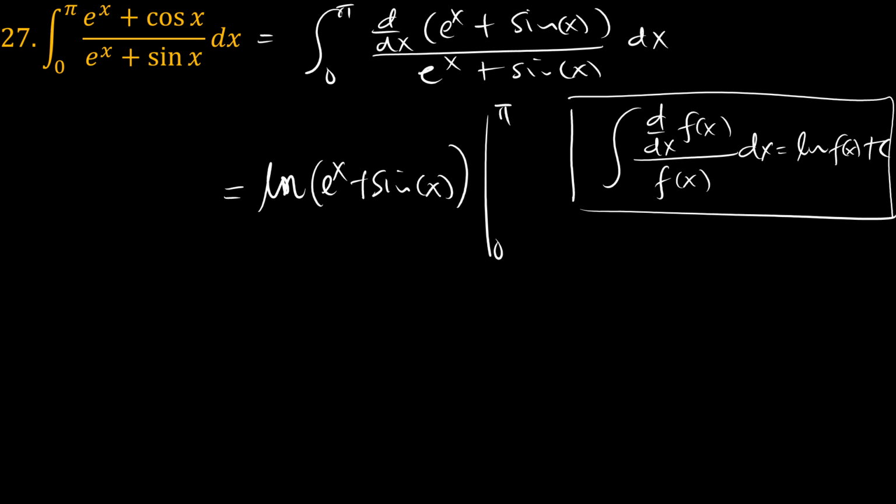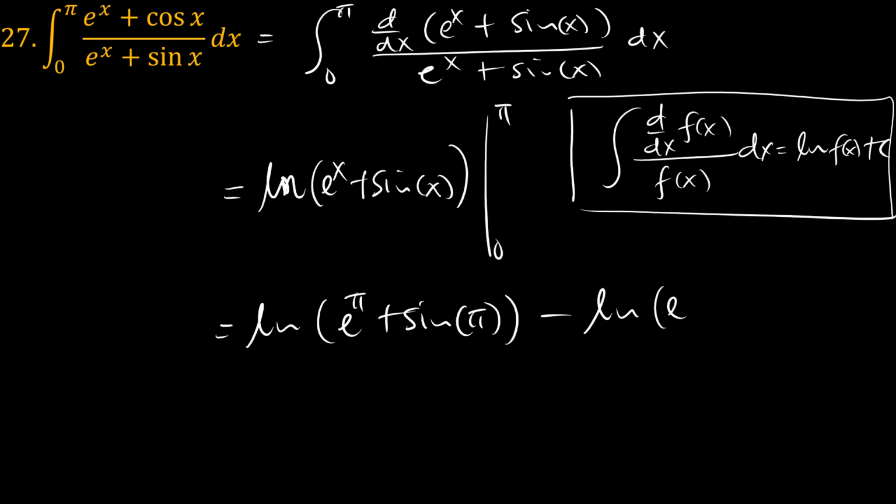And since this is continuous within this interval, we can say this is the same as ln of (e to the pi plus sine of pi) minus ln of (e to the 0 plus sine of 0).